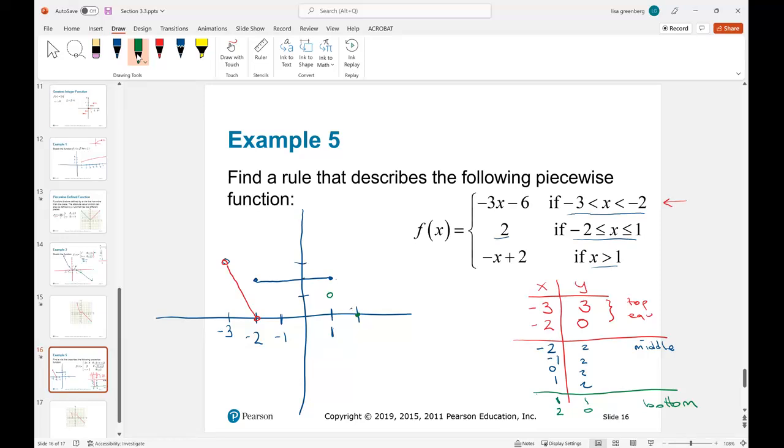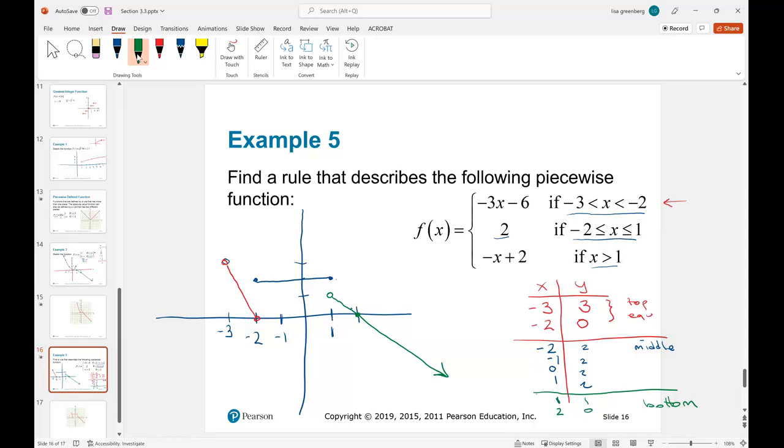And it's going on forever, right? It's not telling me an endpoint. So I'm just going to connect these 2 points, and this is going to go on forever. And that's how we graph a piecewise function.